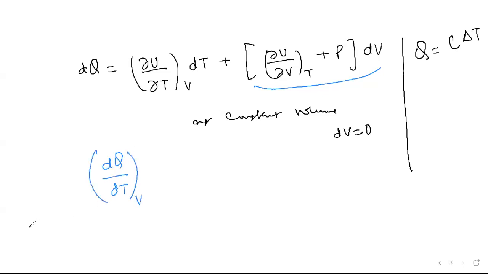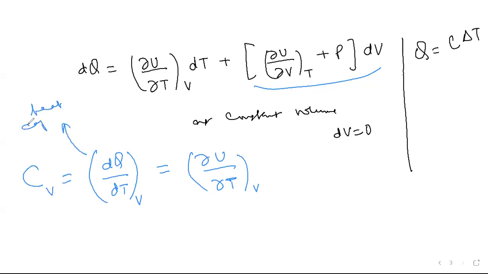write dQ by dT, subscript V, is equal to dou U by dou T at constant V. What is this? It is simply CV. It is heat capacity at constant volume.